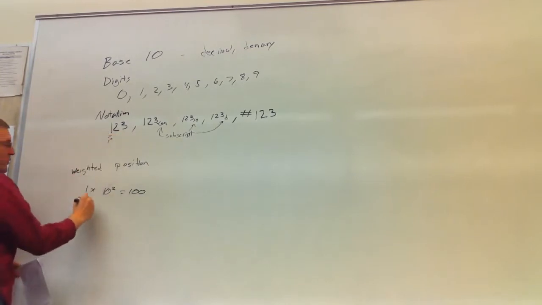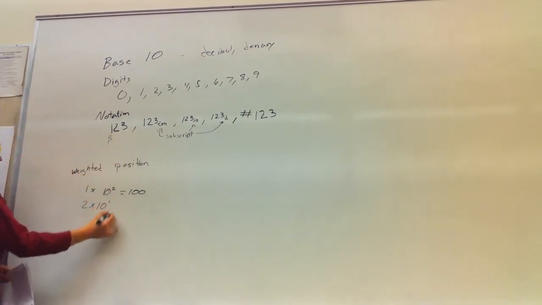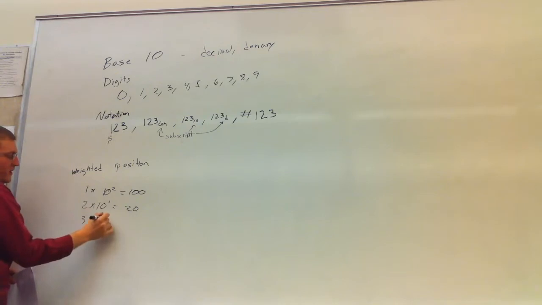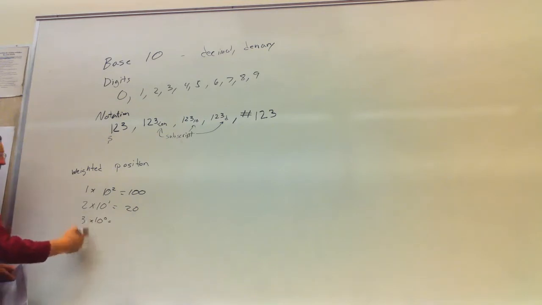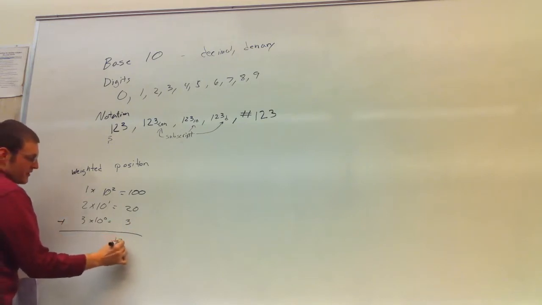And the same way with 2, we go 2 times 10 to the first power, so we get 20. And then we have 3, which is in the 1's place, or 0th position. So 10 to the 0th power is 1, and 3 times 1 is 3. If I add this up, you see that we got 123.